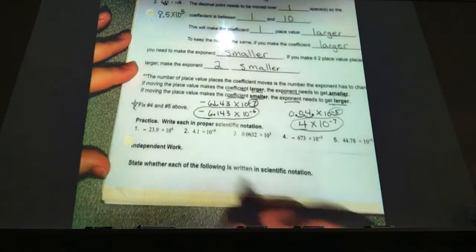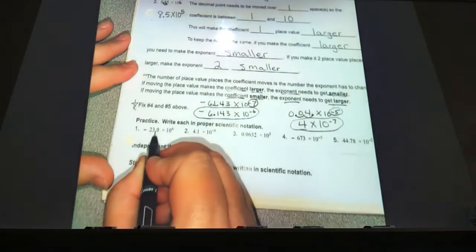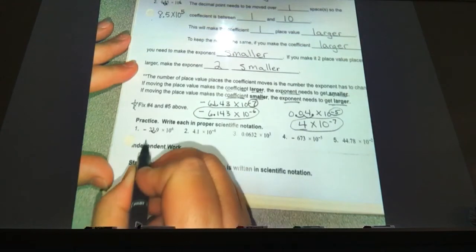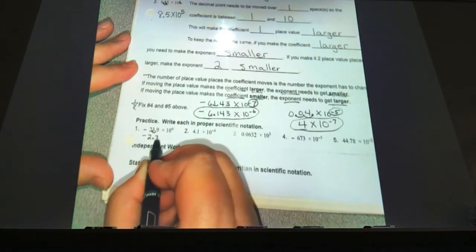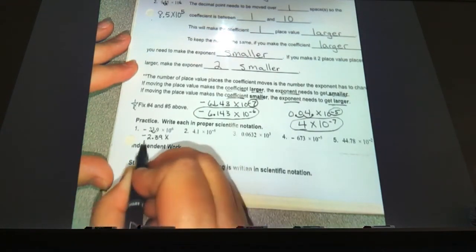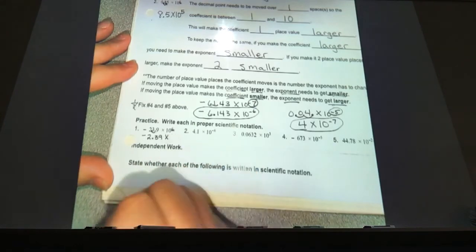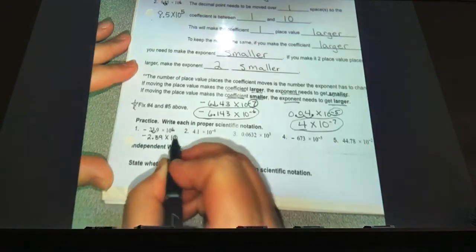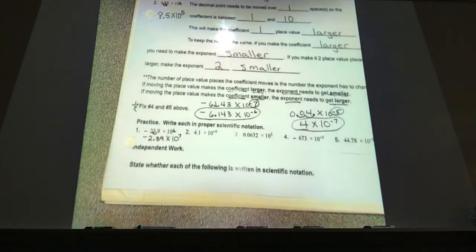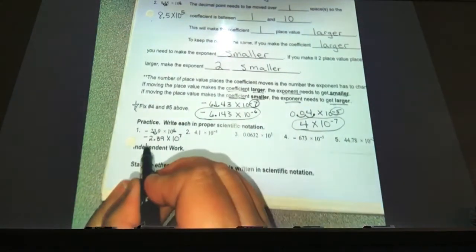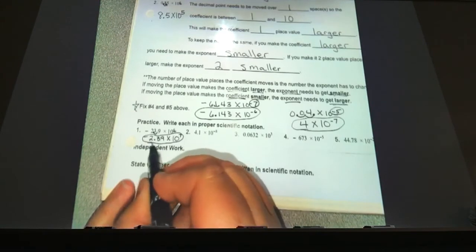Okay, on this one, we're going to make it 1 smaller. So it became 1 smaller, so it's between 1 and 10, which means this needs to become 1 bigger. Let me circle that so you can see it.